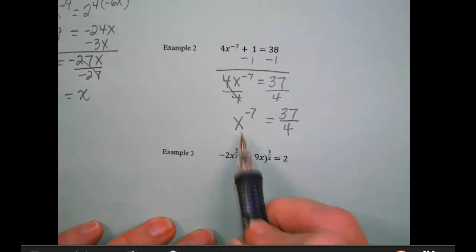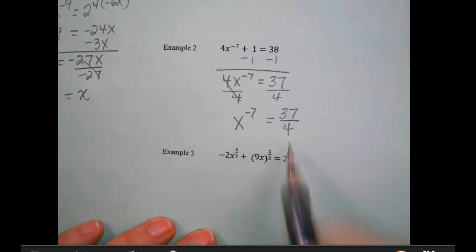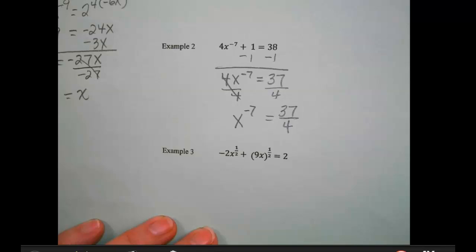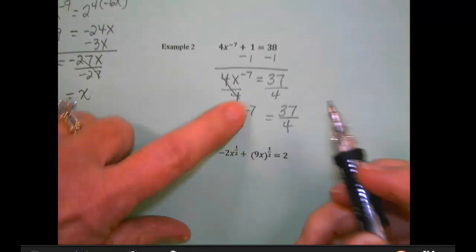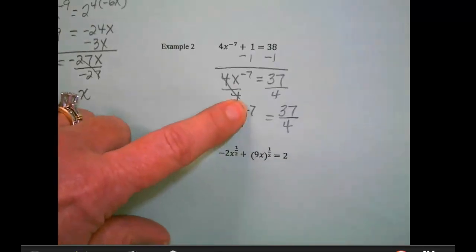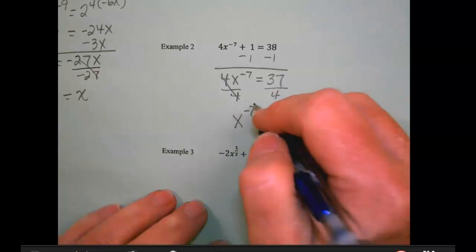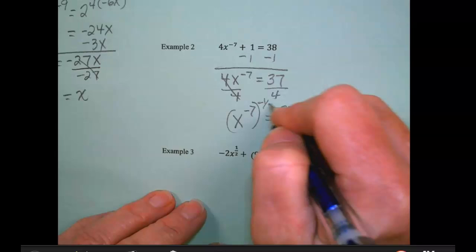Now, I have x to the -7th equals 37 over 4. I want the exponent on the x to be a 1. It has to be a 1. So if it was just a 7, what would I multiply by? 1/7. And it's negative, so what does the 1/7 have to be? So I'm going to do -1/7 on both sides.